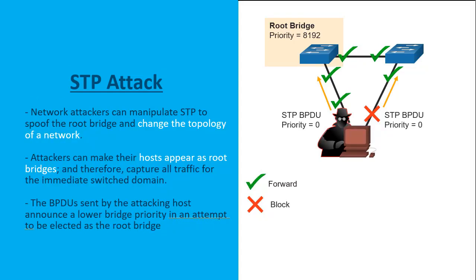To do this, they would be sending out bridge protocol data units, which are spanning tree layer 2 messages, and these messages will include a priority of something insanely low, such as 0, for example, here in our graphic.